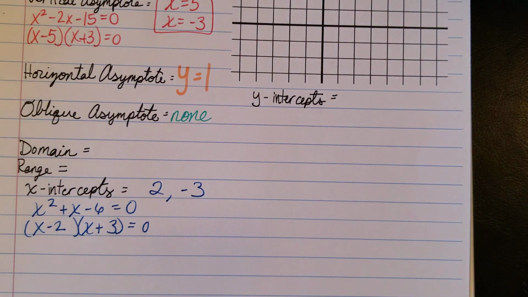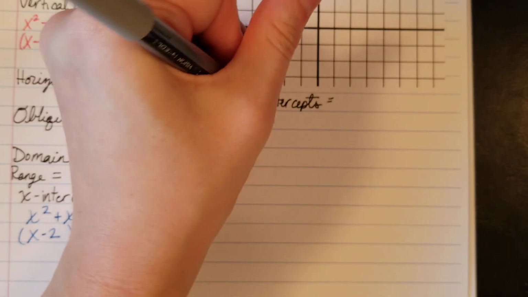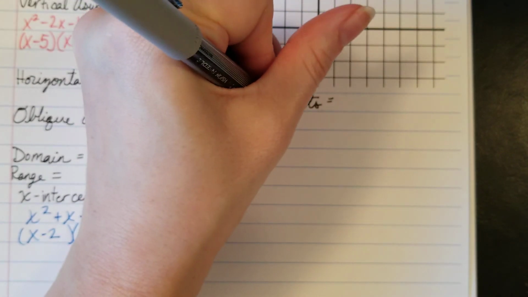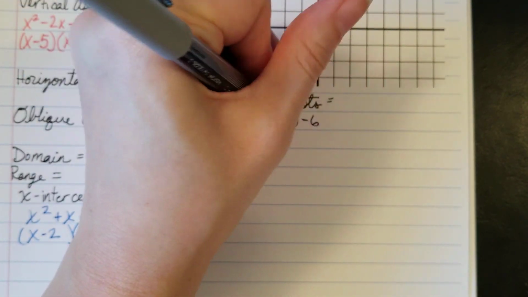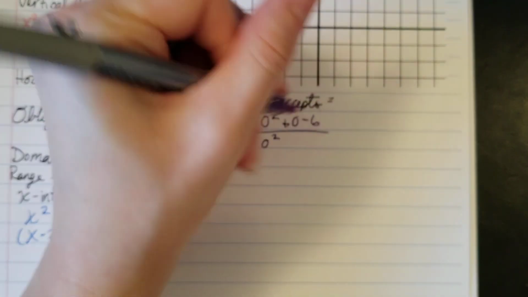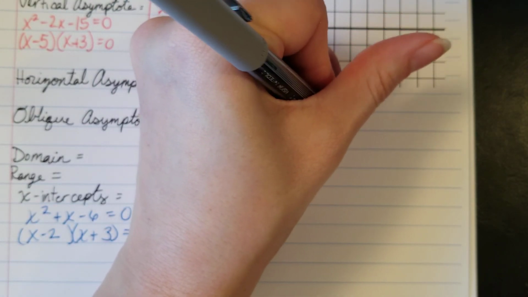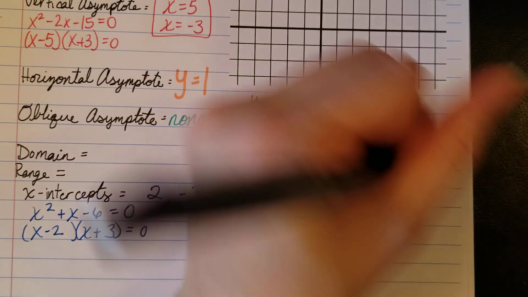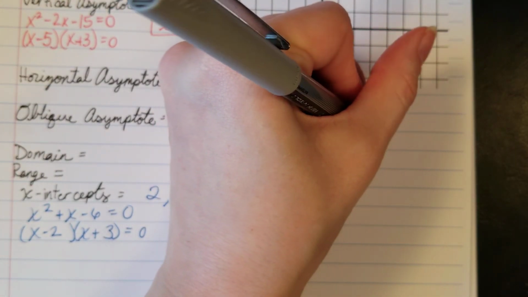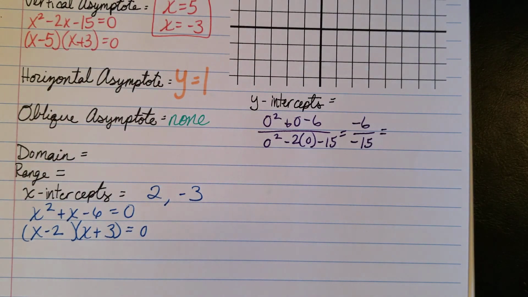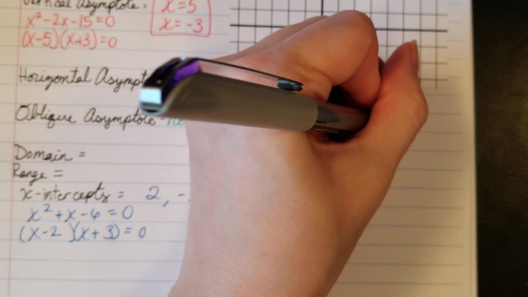And y-intercept, plug in 0 for x. So 0 squared plus 0 minus 6 over 0 squared minus 2 times 0 minus 15. So negative 6 over negative 15. The negatives cancel out. And then that's going to be 2/5.